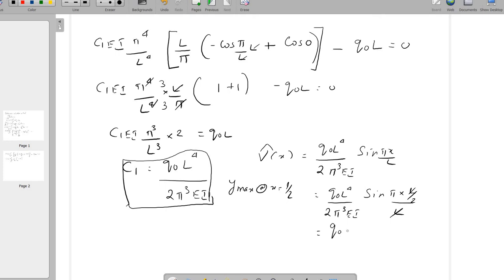So finally we get Q naught L power 4 by 2 pi cube EI.